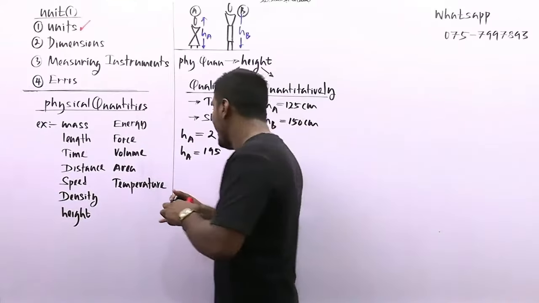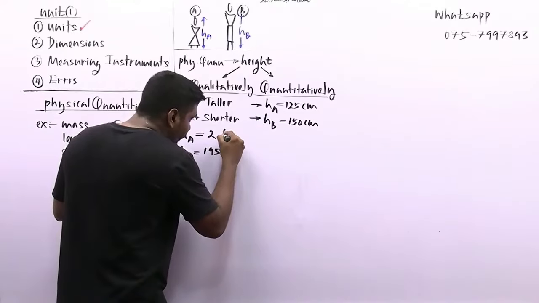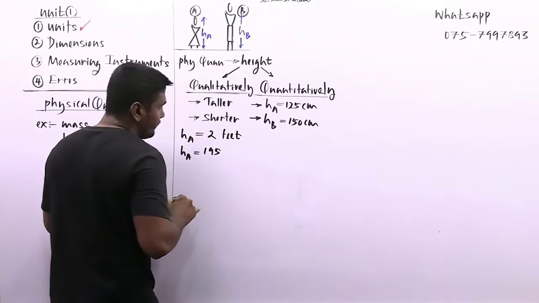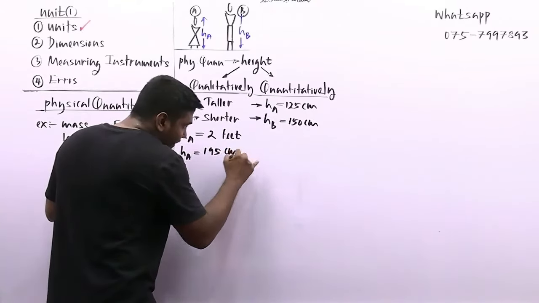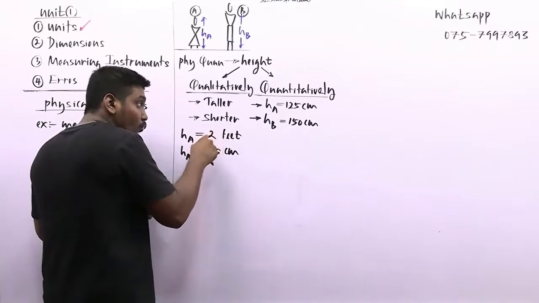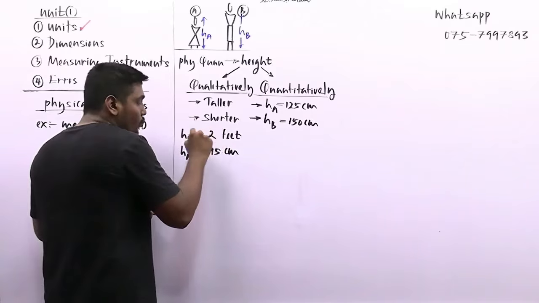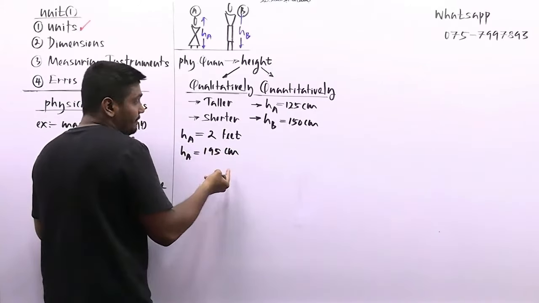If someone mentioned the height of the person is, for example, 2 feet, and someone mentioned the height of the person A is 195 centimeter, then they understand, right? Why it is 2? Because it means 2 feet. This person measured the height in centimeter, that's why it's 195.